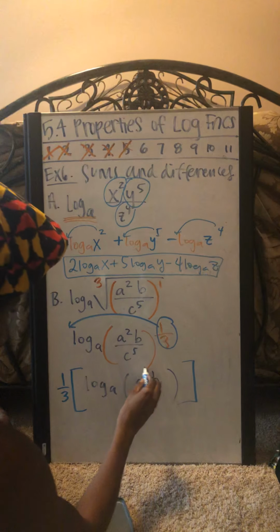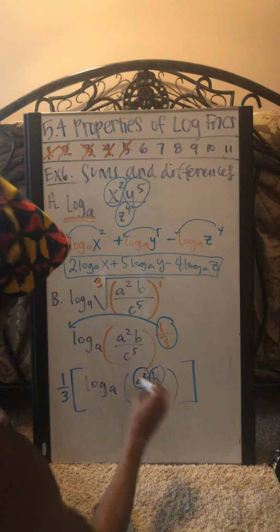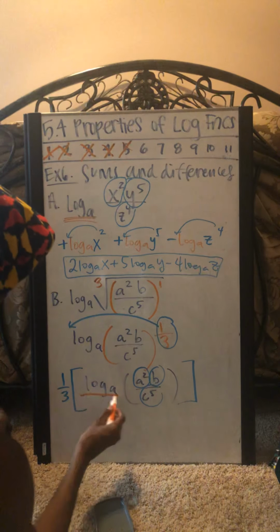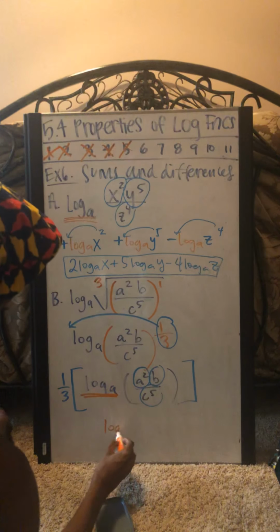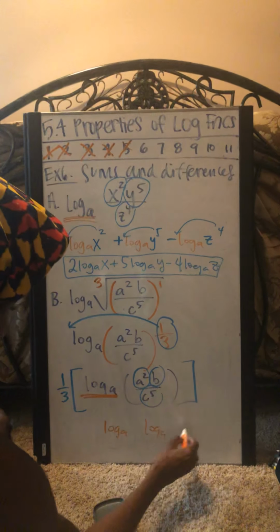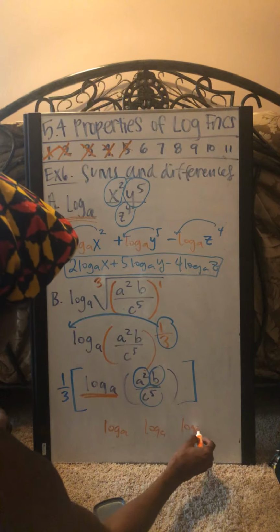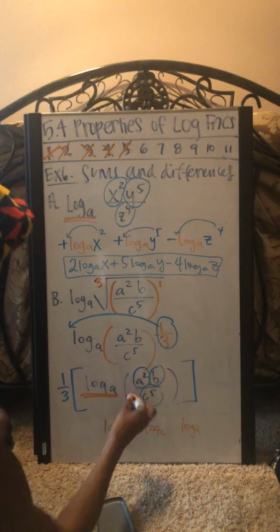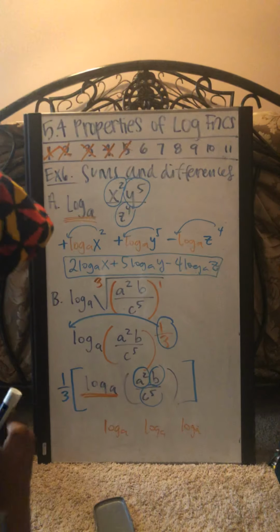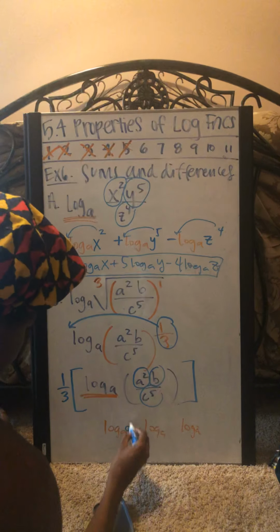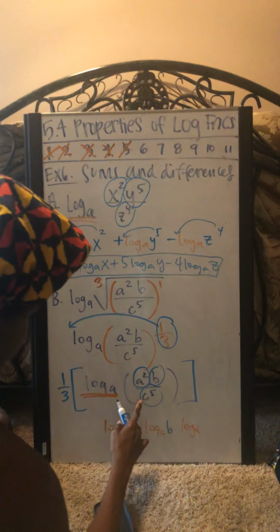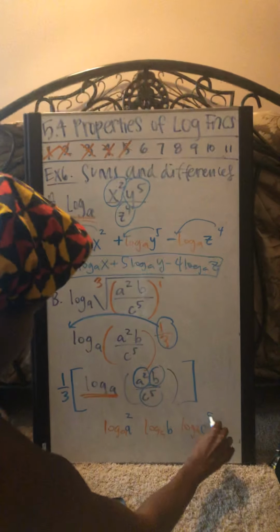So, we have 3 things, which means we're going to have to write log a 3 times. So I have log a, log a, log a, okay? For this first log a, we're going to do a squared. For the next one, we're going to do b, and for the next one, we're going to do c to the 5th, okay?